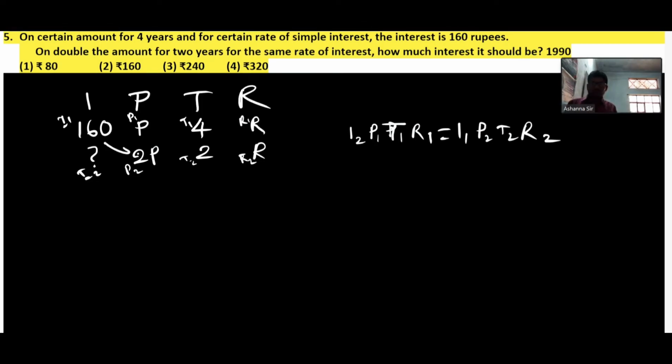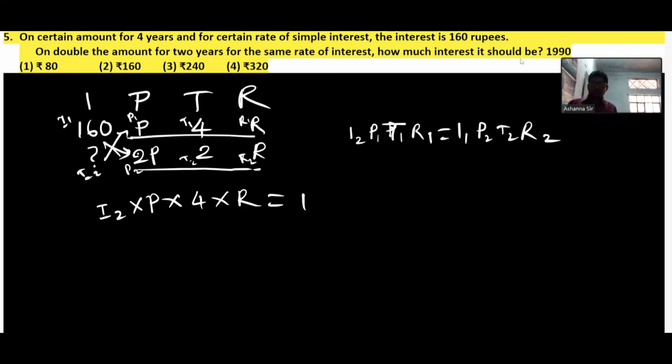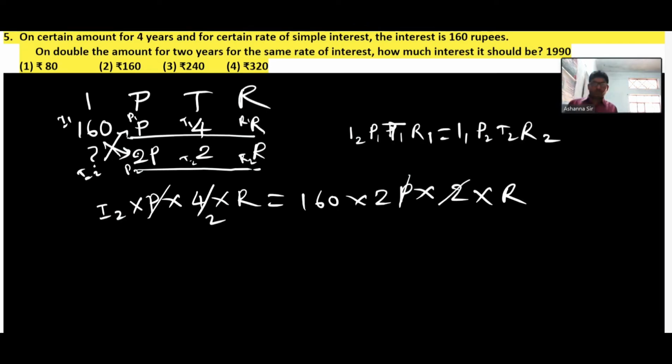So in this simply take like this: I2 you have to find. I2 into P into 4 into R is equal to 160 into 2P into 2 into R. Now we can cut left and right: P and P cancel, 2 and 2 cancel, again 2, again 2.